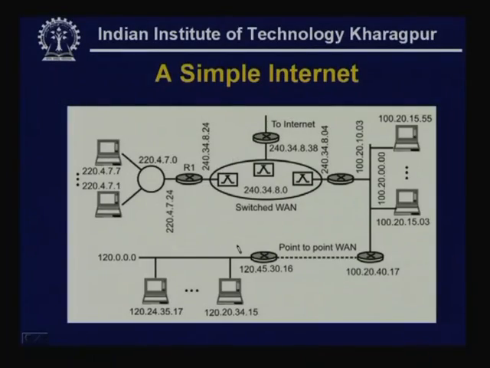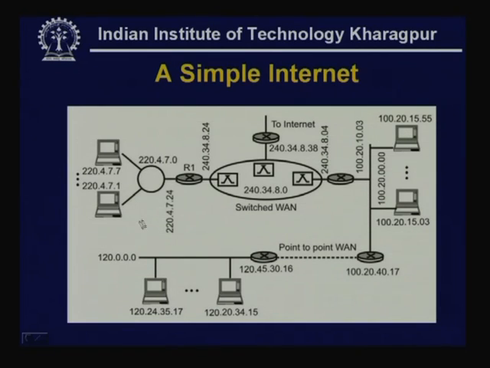So here a simple internet is shown, where, as you can see, you have a ring LAN, a switched wide area network, a local area network, a bus type local area network. There are two point to point links between two WANs, wide area networks, and here you have another LAN.